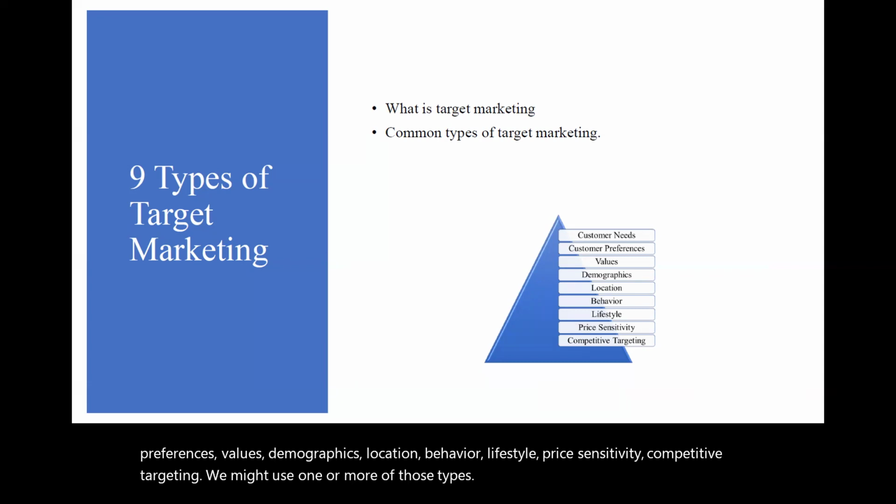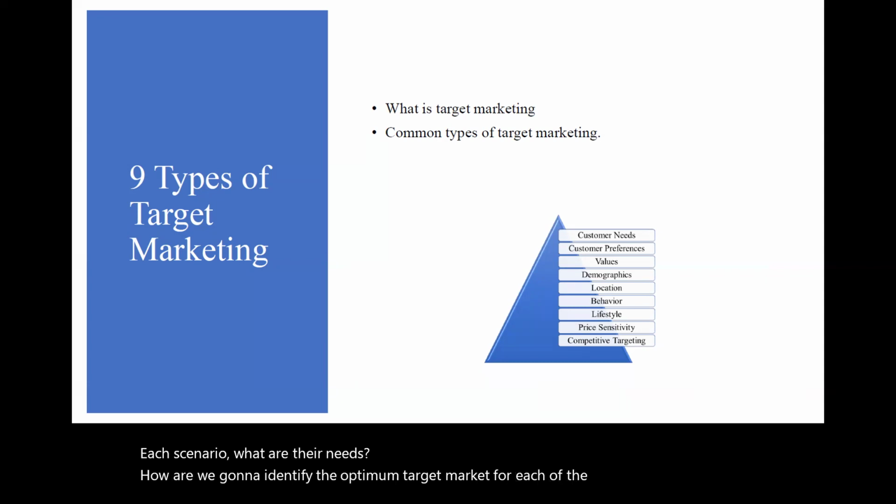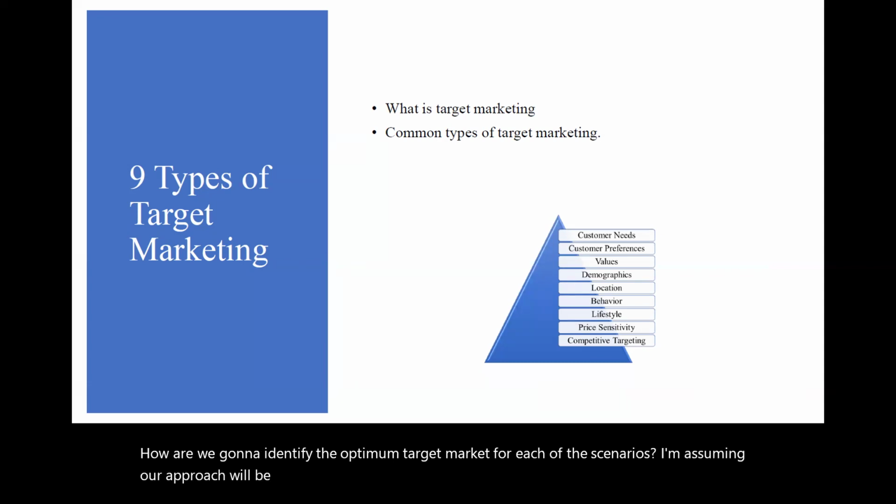Mix and match. Get to know each scenario. What are their needs? How are we going to identify the optimum target market for each of the scenarios? I'm assuming our approach will be different for each scenario because we're talking about a different product or service.